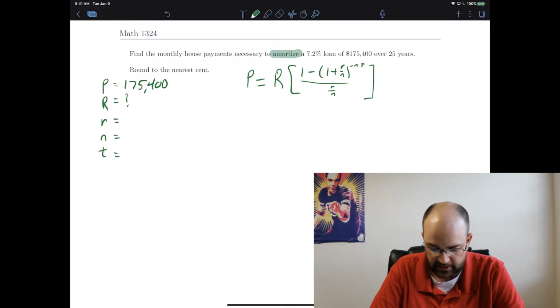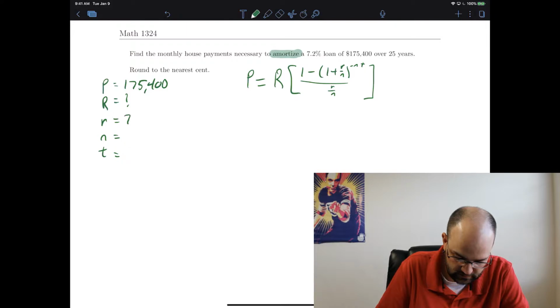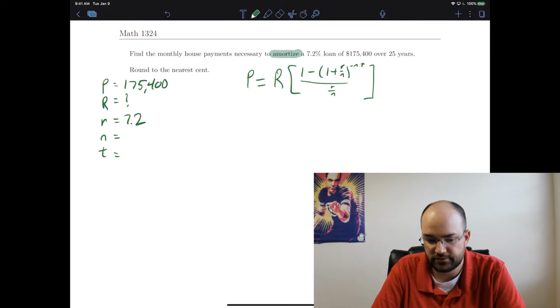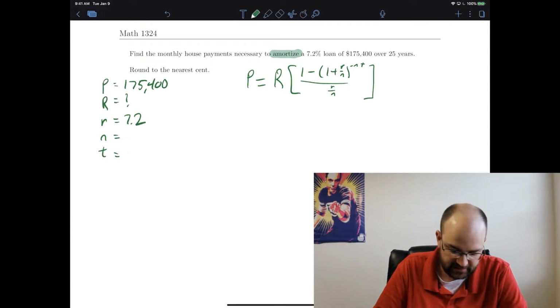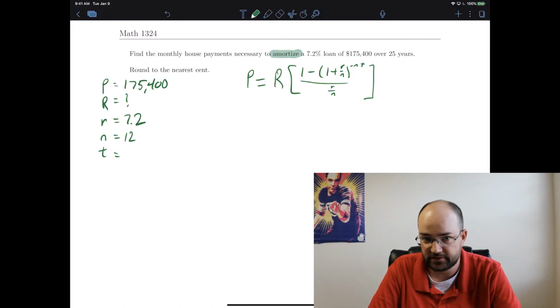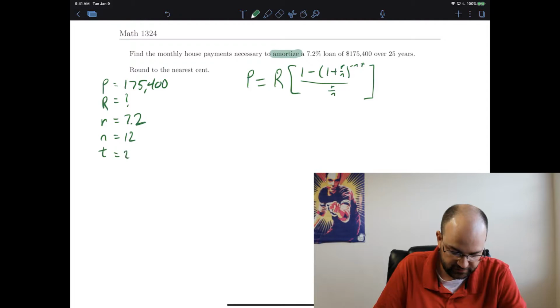That's what we want to figure out. How much should we make the payments a month for this to happen? Little r will be 7.2. Good. Little n, well, if we're making monthly payments, there are 12 months a year as far as I know. And then T is the time in years, which is 25 years.